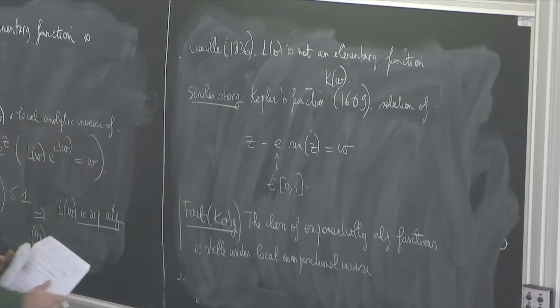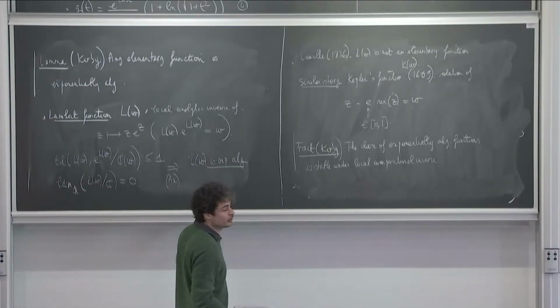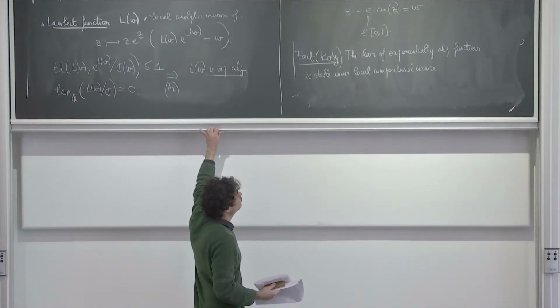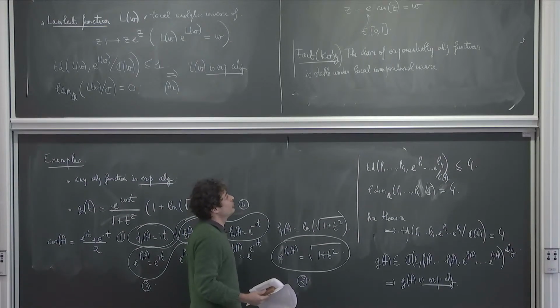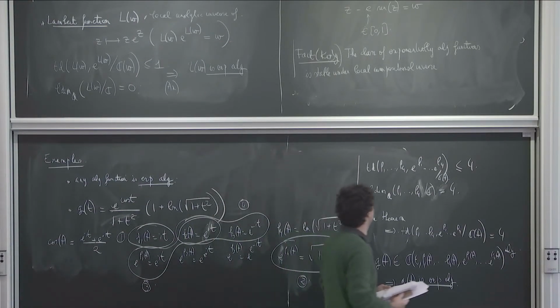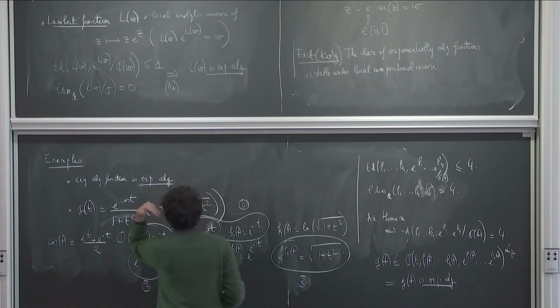Okay. So you see that it seems more natural, instead of working with elementary functions, to work with this other class of functions, the class of exponentially algebraic functions. The first reason is that they have a clear connection with the Ax-Schanuel theorem, and the second reason is that they are more general than elementary functions.